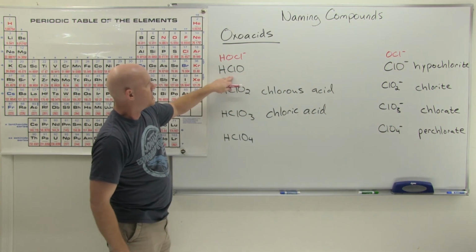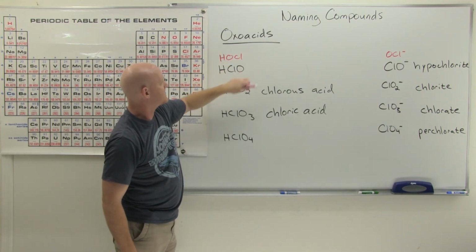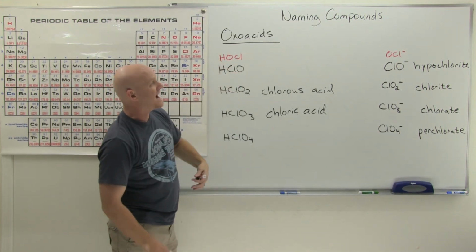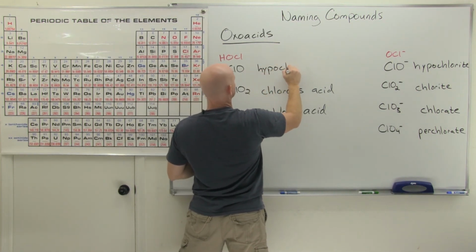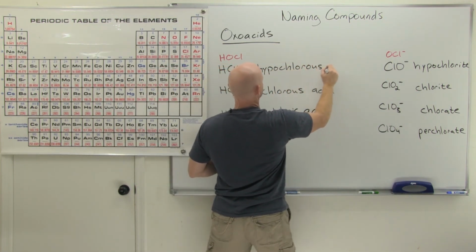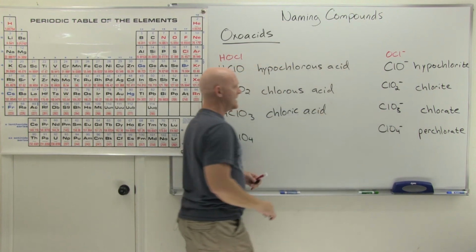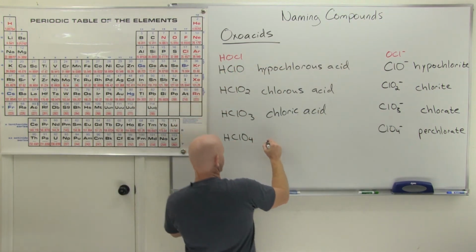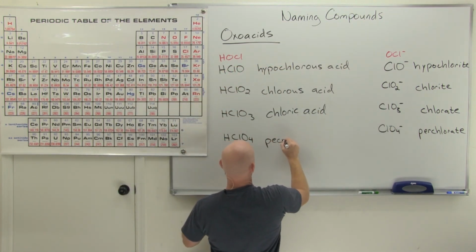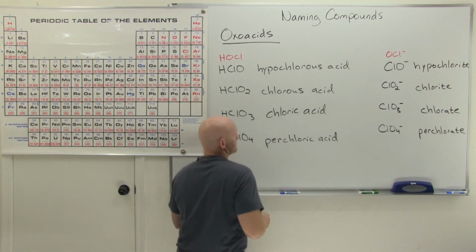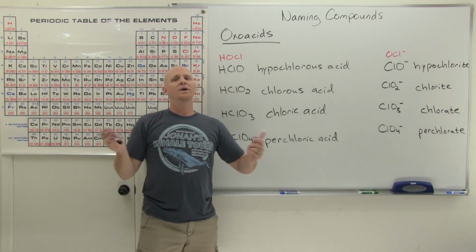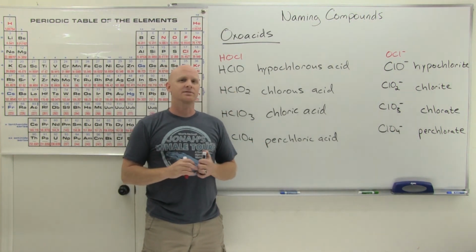And then HClO or HOCl, instead of being hypochlorite, this becomes hypochlorous acid. And then perchlorate is going to become perchloric acid. If I can spell correctly, that would be awesome. Cool. And that is how we name oxyacids.